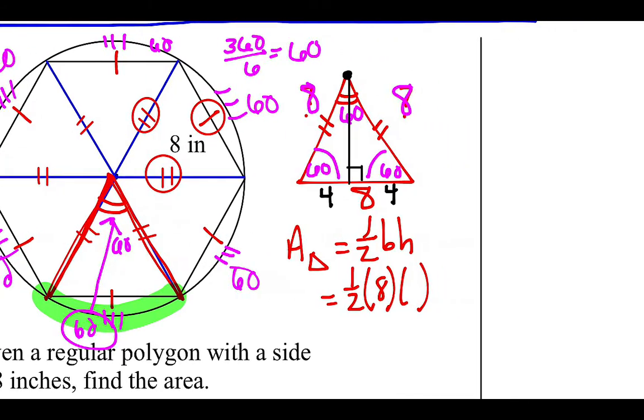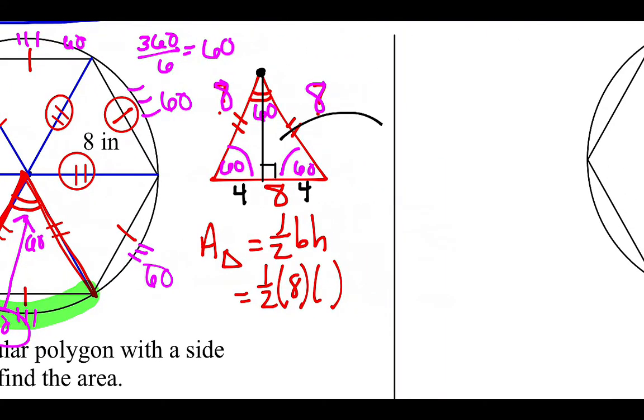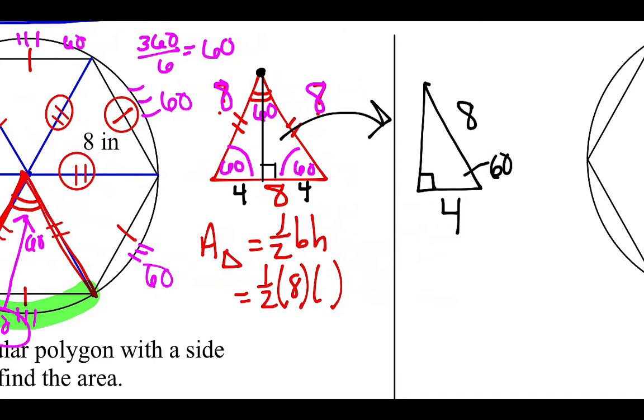So one more time, I'm going to redraw this. I'm just going to take this triangle and look at that to help me find the height. I've got a side of 4, a right angle here, a 60-degree angle down here, a side of 8, and this angle would have to be 30 because I took that 60-degree angle and cut it in half in an isosceles triangle when I draw the altitude. So I'm looking for this height right here.